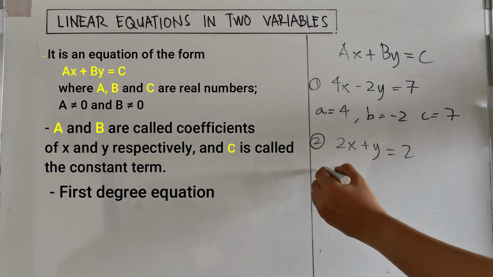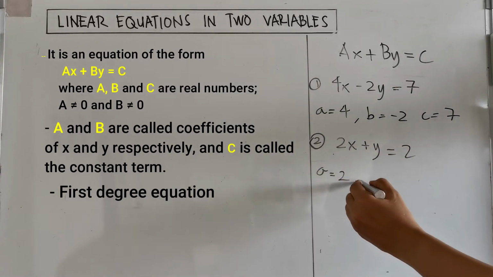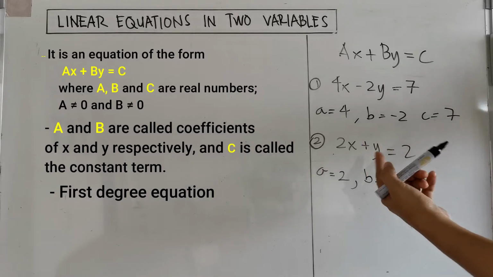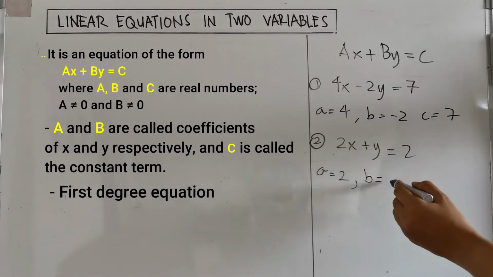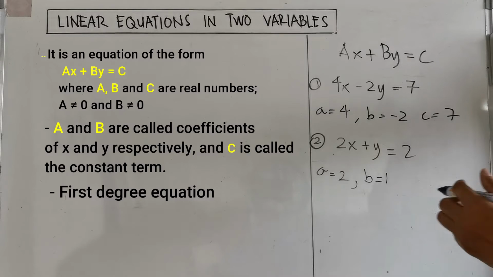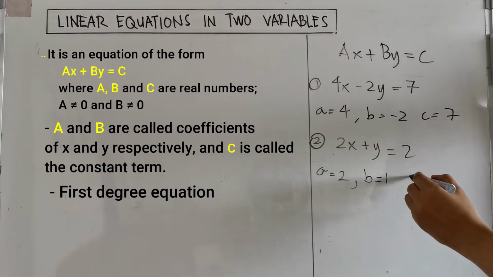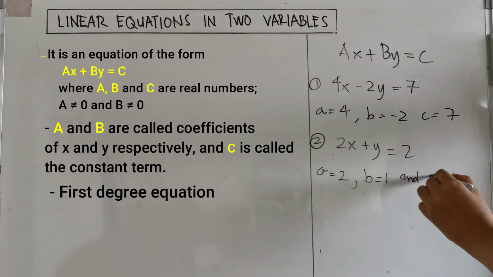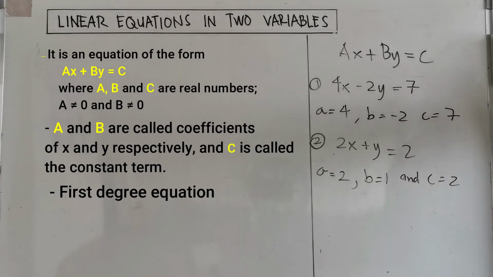So, our a is 2. Then our b is, since wala tayong nakikitang coefficient, automatic meron tayong 1. And then our c is positive 2.